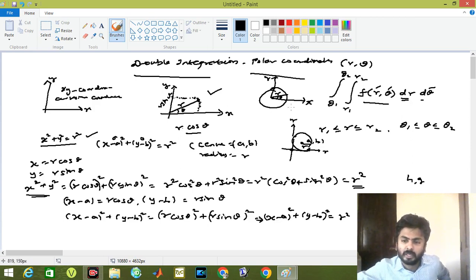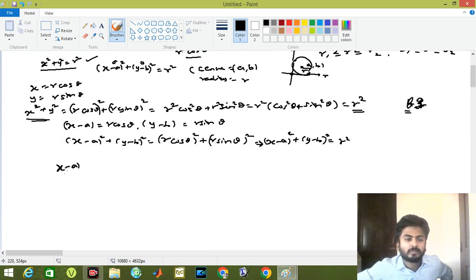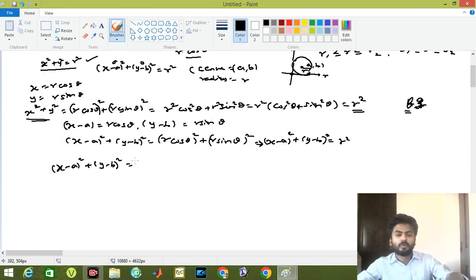Let me take this as f and g, not h and g, for my easy reference. So how are we going to use this? In the above equation, you have x minus a the whole square plus y minus b the whole square equal to r square.